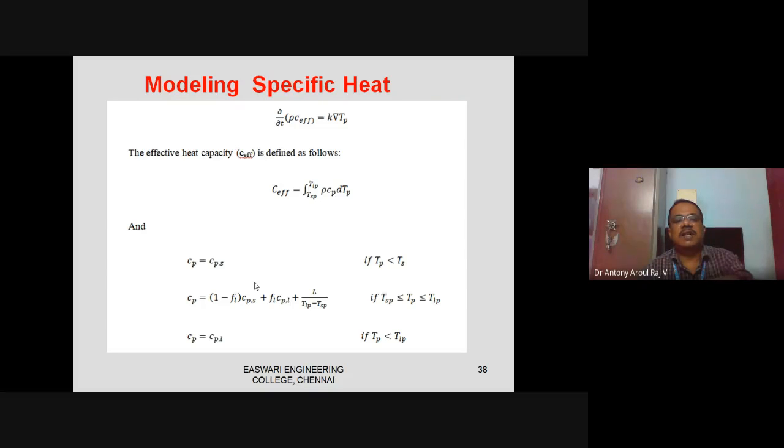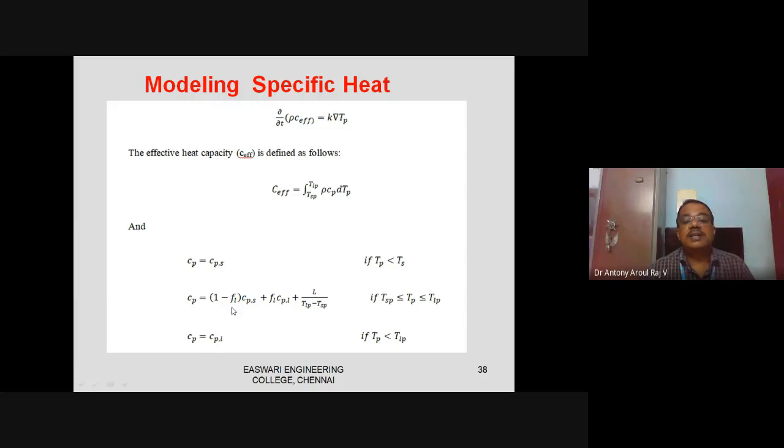The same thing is given in different forms. In the apparent heat capacity method, it is a C effective or apparent heat capacity. I'll have the transient term and the diffusion term. You can have the CP values: if the temperature is less than the solidus temperature, CP is equal to the solid specific heat. If the temperature is greater than the liquidus, then CP is equal to CP liquid.